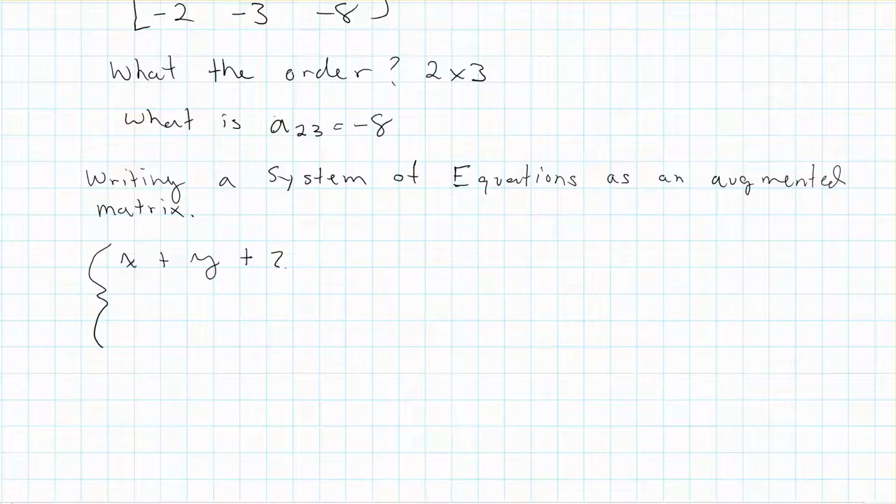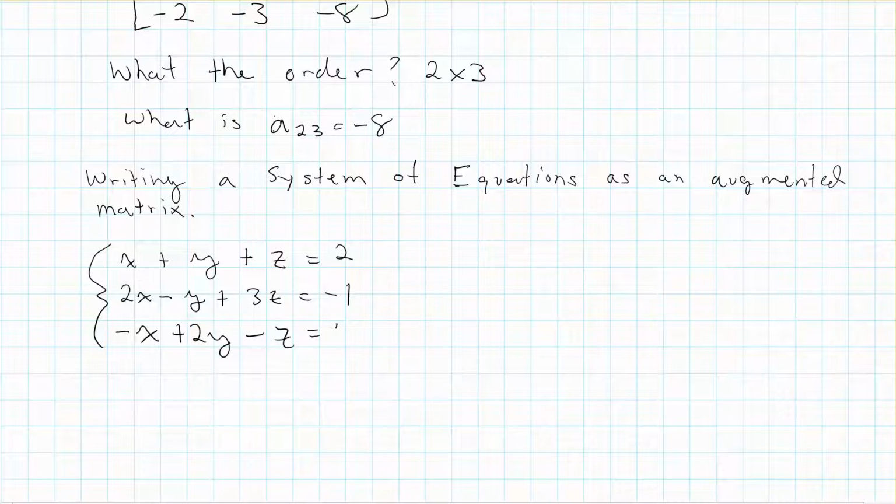x plus y plus z equals 2. And then 2x minus y plus 3z equals negative 1. And finally, negative x plus 2y minus z equals 4.